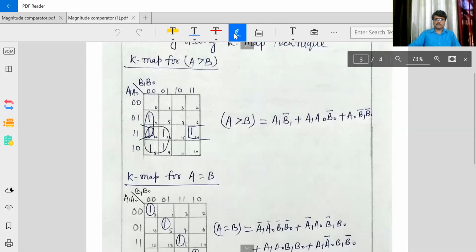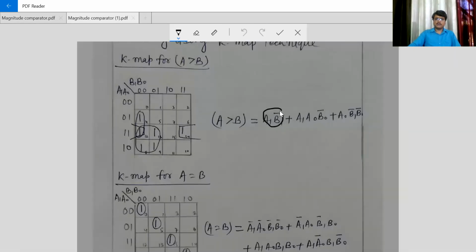So this is the first value for the quad. And for this pair, what will be the value? From this side, A naught is common, and from this side, B1 and B naught bar, both are bar. So this value is there.